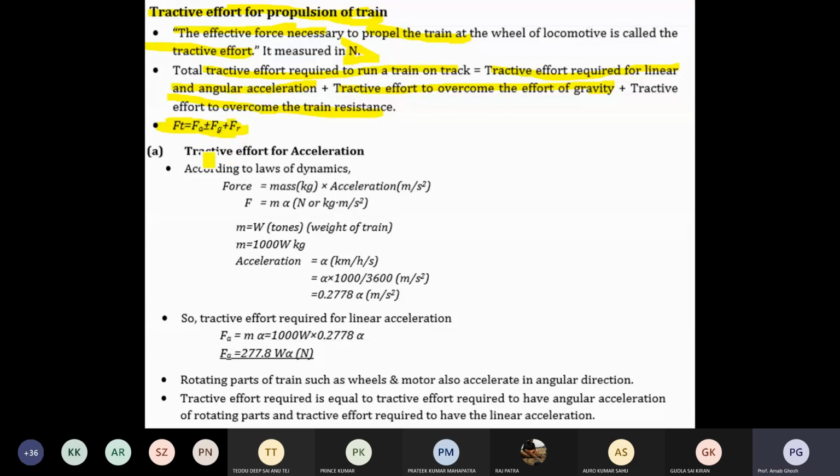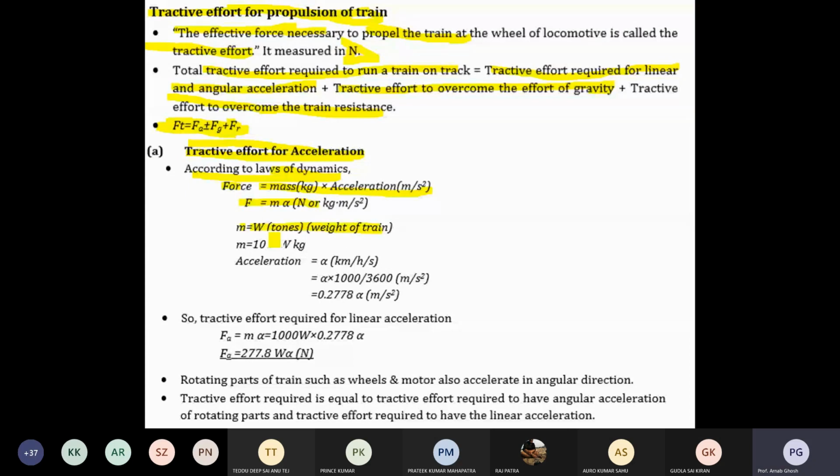Now, the tractive effort for acceleration. What are the important points? According to the laws of dynamics, force equals mass times acceleration. You know that, a very simple formula: F equals m into a, where a is acceleration. m is the mass, that is, the weight of the train in tons.